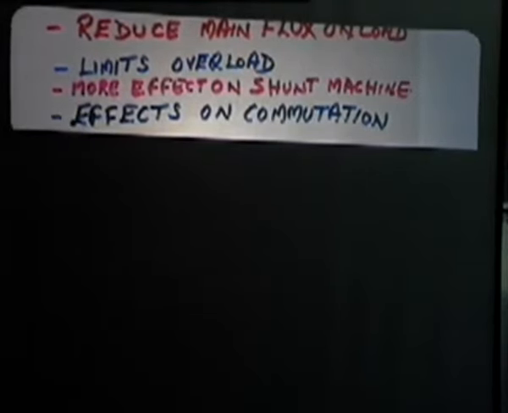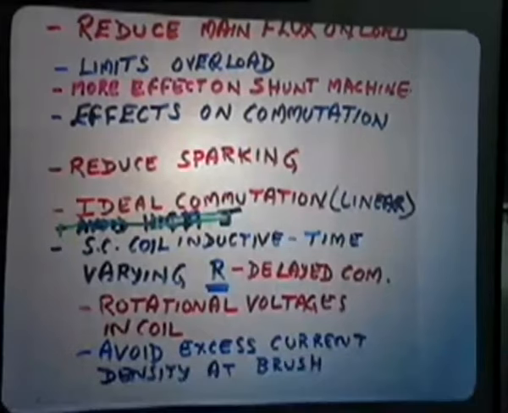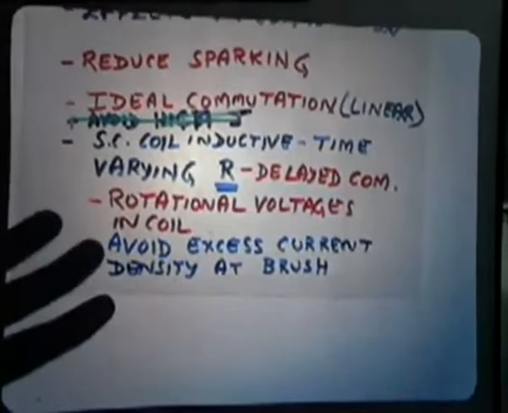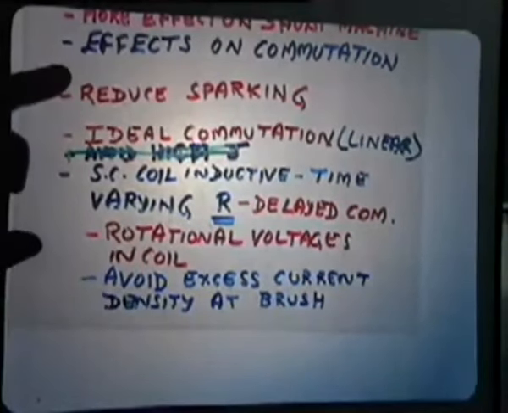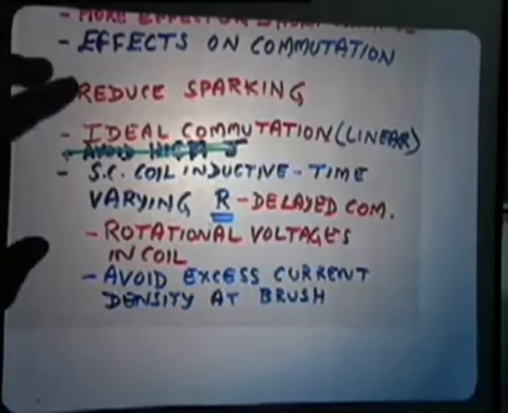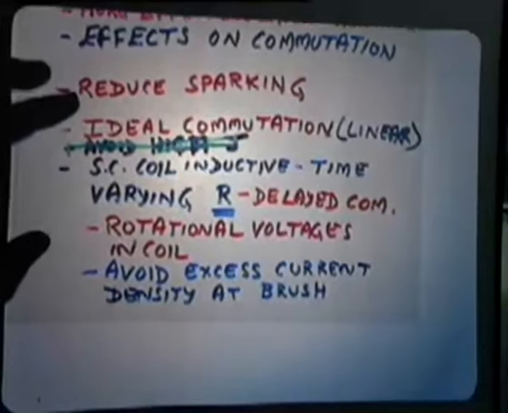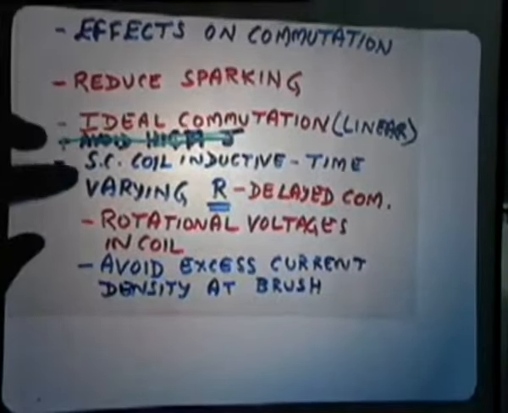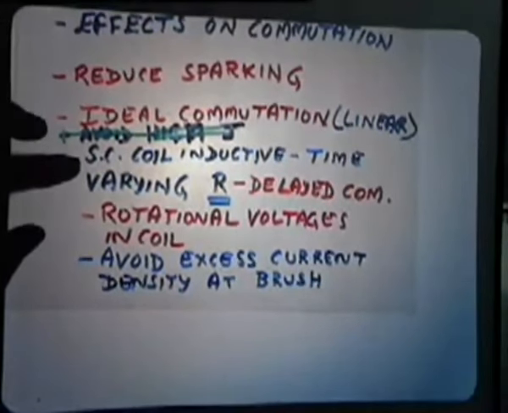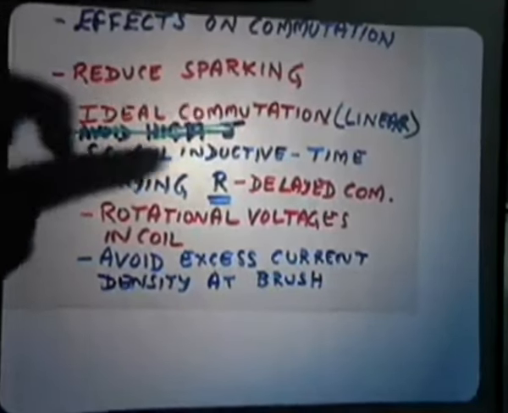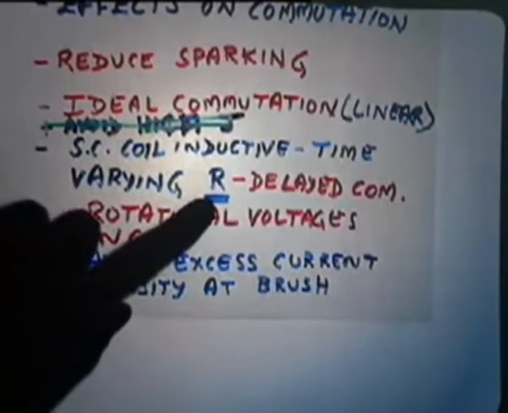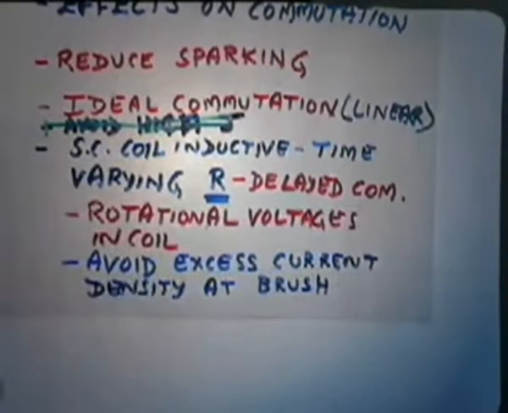Okay, so we have seen the effect of commutation due to the armature reaction is reduced. We must try to reduce sparking, and ideal commutation from linear commutation, and we must also note that the short circuited coil is inductive, and time varying resistance is there, and it will cause delayed commutation.